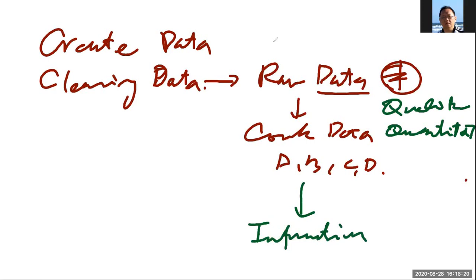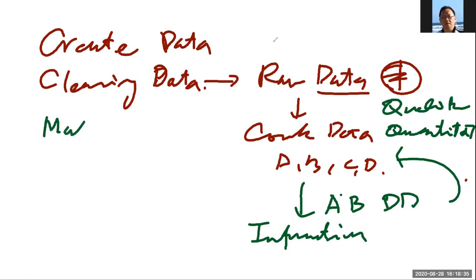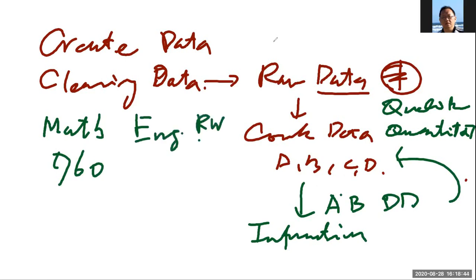So from cooked data, you generate information. So what is information? Information is we have an answer key, A, B, D, D, okay, to grade you. So it can become your math section, 760, English section, reading, writing, ERW score, 750, right?